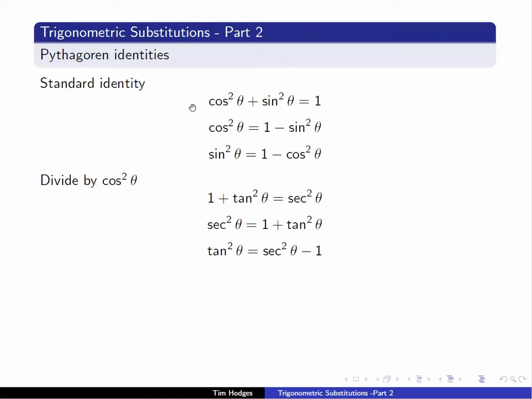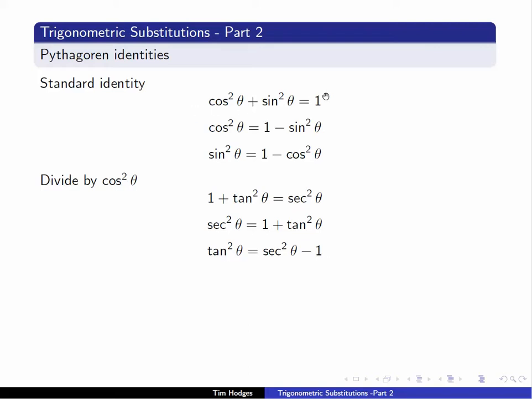So just dividing this top equation by cosine squared gives us the identity 1 plus tan squared theta equals secant squared theta. And when we flip this around, we get these two identities. Secant squared theta is 1 plus tan squared theta, and tan squared theta equals secant squared theta minus 1. These last two identities will be essential for what follows.